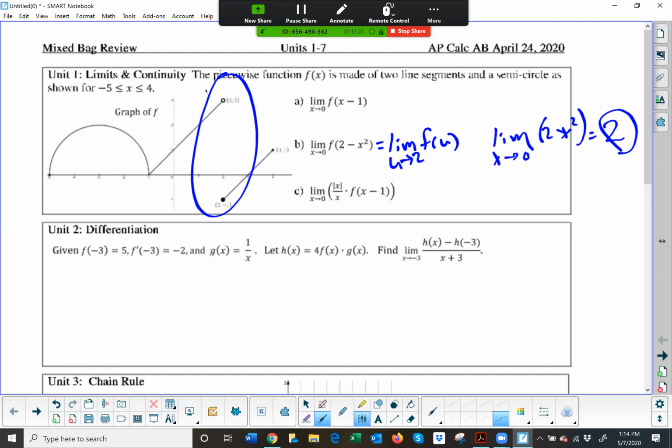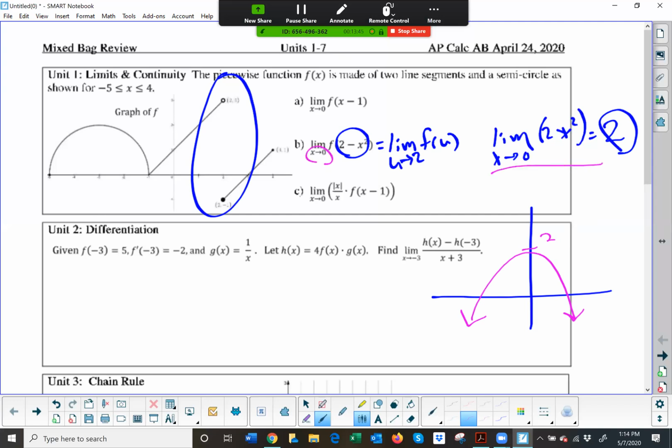So now, if I think about the shape of 2 minus x squared, I would have a parabola opening downward, height of 2. And as I approach 0, I'm coming into 2 from the underside, from below.